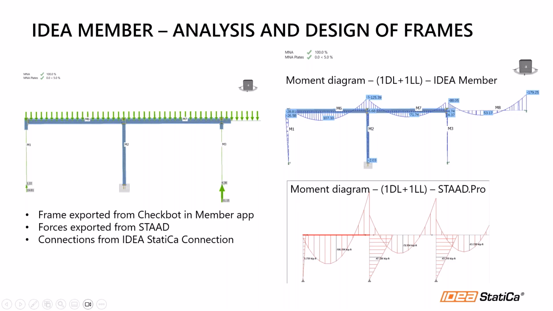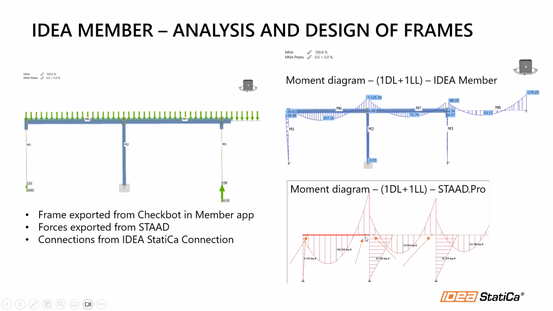Now let's compare this to the STAAD.Pro analysis, right? It is important to mention that to compare these two, I had to calculate the stiffness for all the joints here. You can see these small circles that represent the releases with the stiffness value, right?